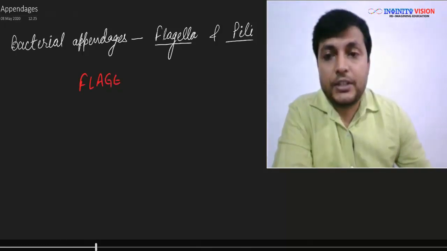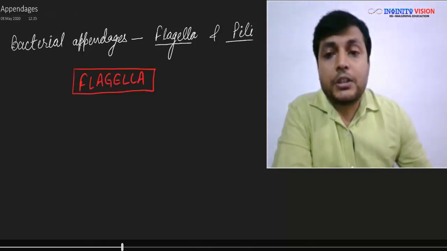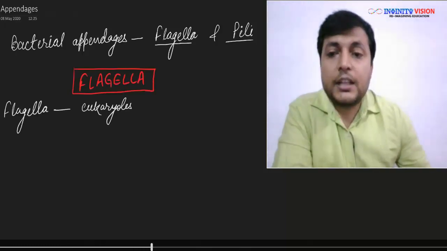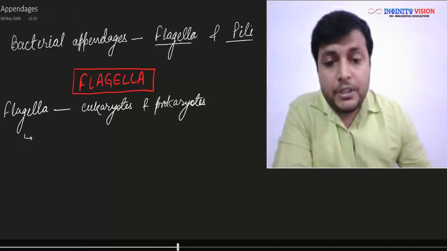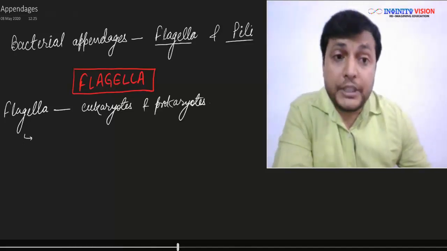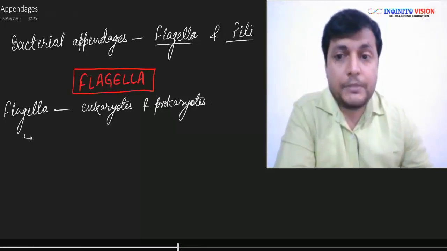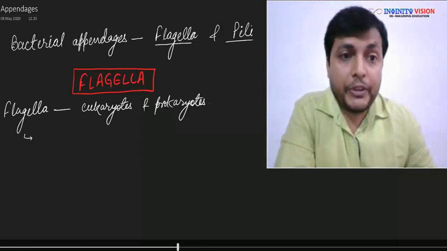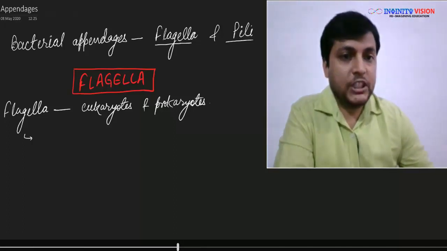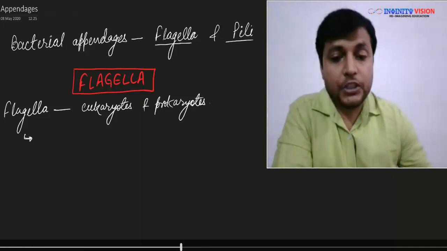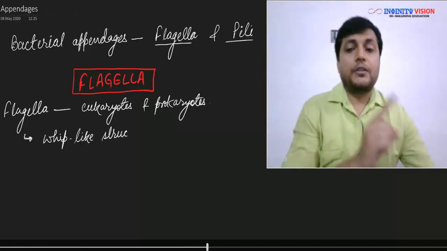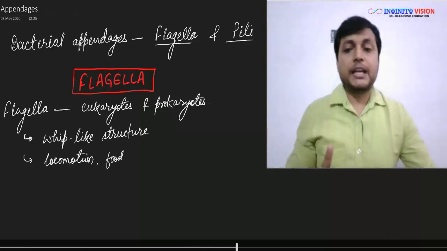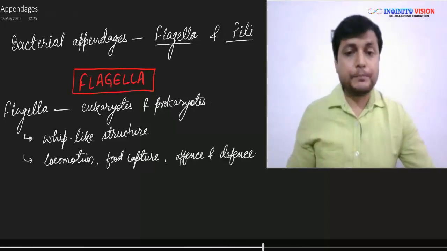Now, flagella. When we are talking about flagella, flagella can be found in both eukaryotic cells as well as in prokaryotic cells. So flagella is found in both. Now, what is the function of flagella? Again, it is a whip-like structure which helps in locomotion, food capture, and offense and defense.